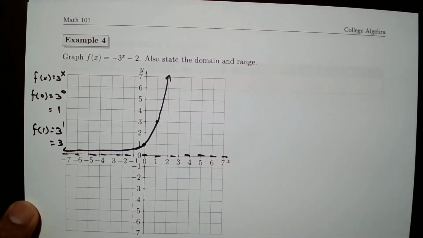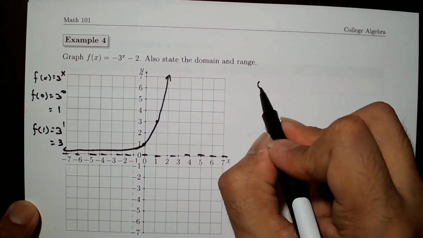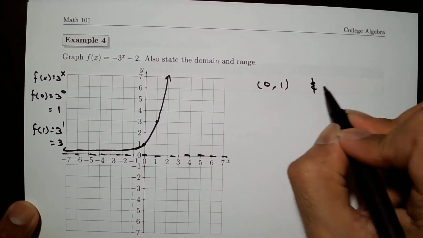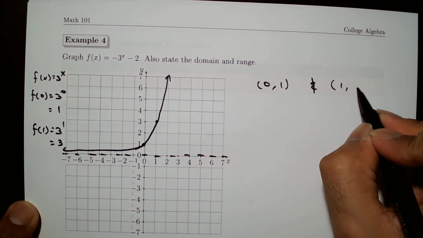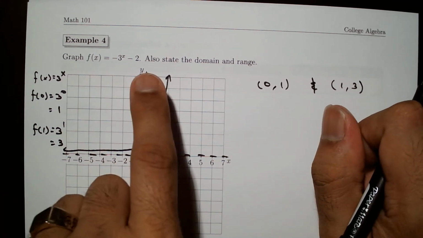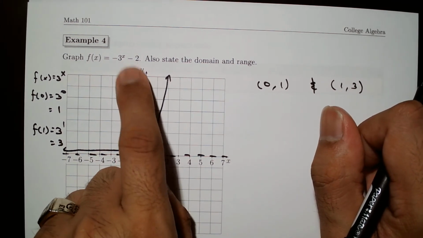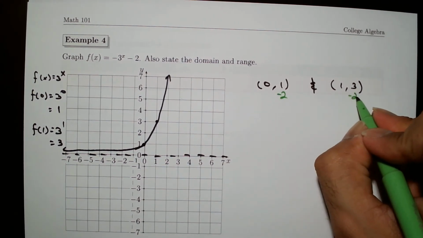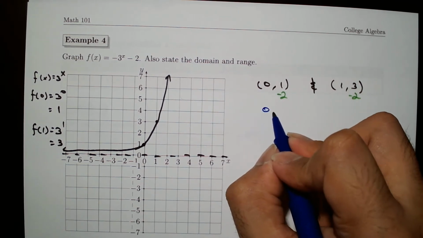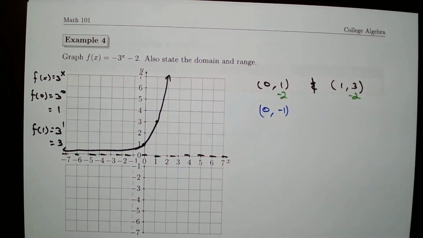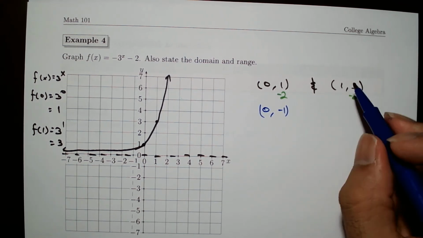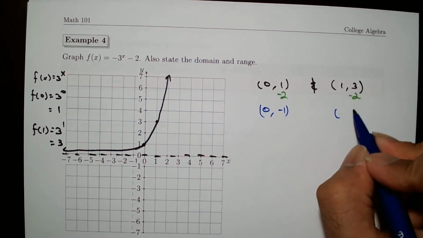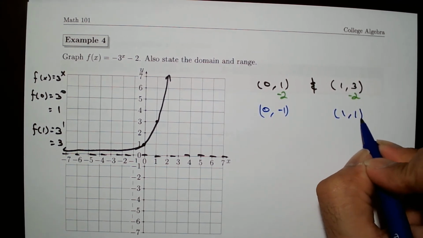All right, so first of all, I'm going to start with the 2 points, (0, 1) and (1, 3). First I'm going to do the vertical shifting, which in this case is to subtract 2 to obtain new points, (0, -1) and (1, 1).